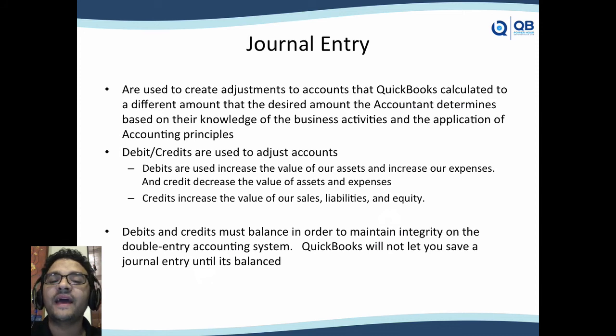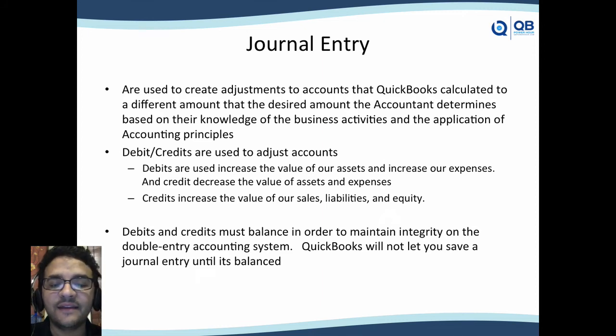So we then create a journal entry, which is a debit or a credit into the accounts we're trying to adjust. Again, we use debits to increase the value of our assets and increase our expenses, and we use credits to decrease the value of our assets or our expenses, and then we use credits to increase our sales, liabilities, or equity, and debits to decrease our sales, liability, or equity.